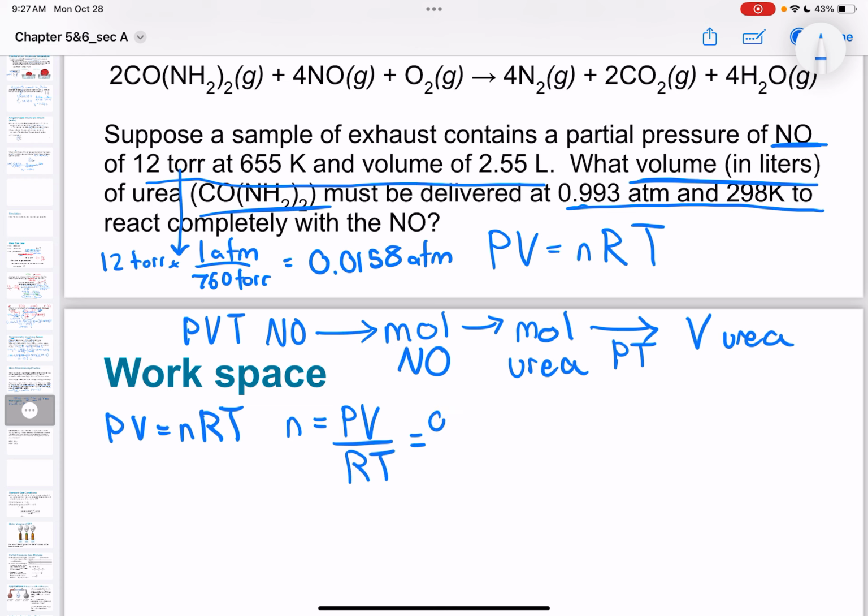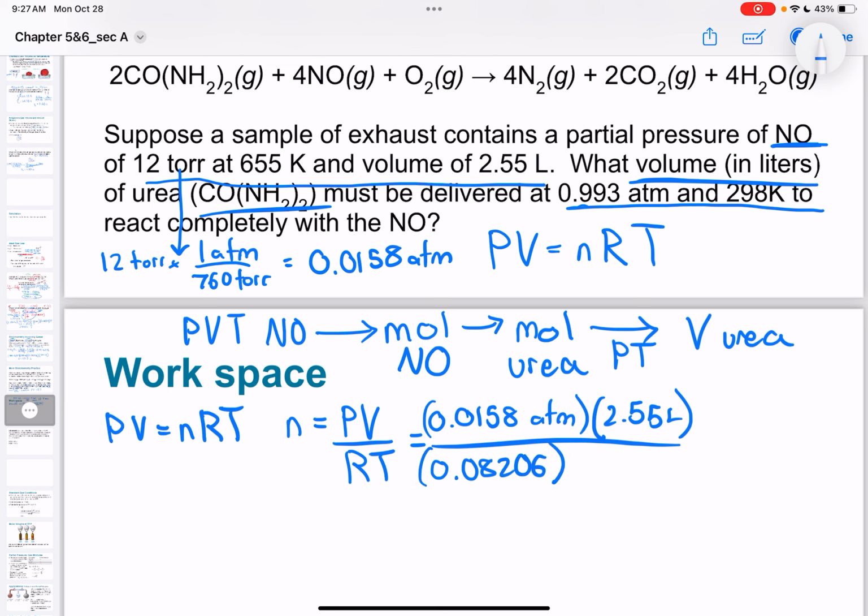So pressure, 0.0158 atmospheres times the volume, 2.55 liters, over R, 0.08206, and temperature, 655. Okay, so my moles of NO comes out to be 7.49 times 10 to the negative 4th.